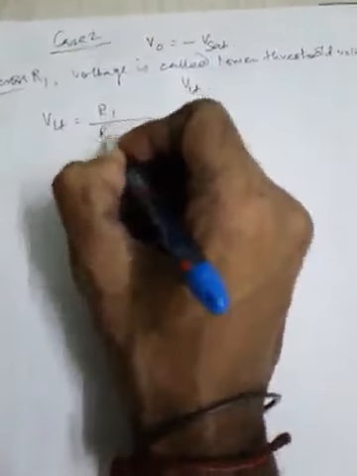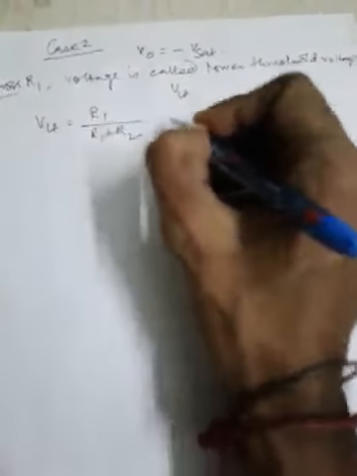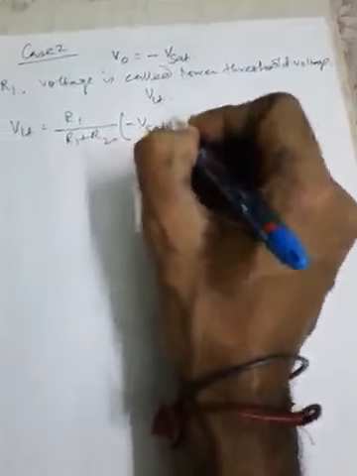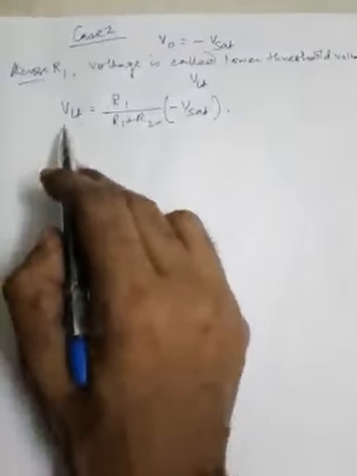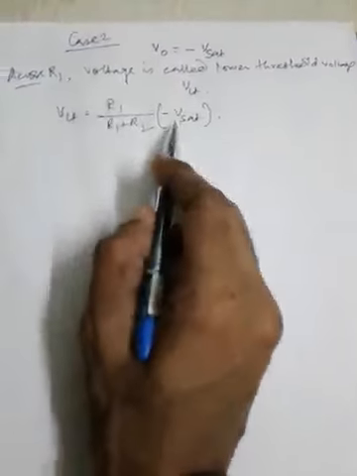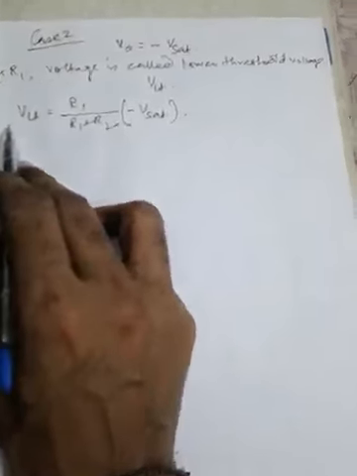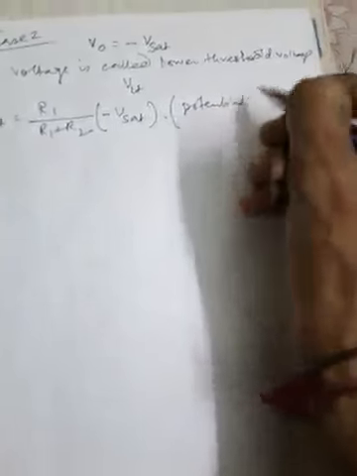So VLT can be calculated with the same formula, R1 by R1 plus R2 using the potential divider rule, into minus Vsat. When it was plus Vsat, it was VUT, upper threshold. When it is minus Vsat, it is VLT, lower threshold, using the voltage divider rule.